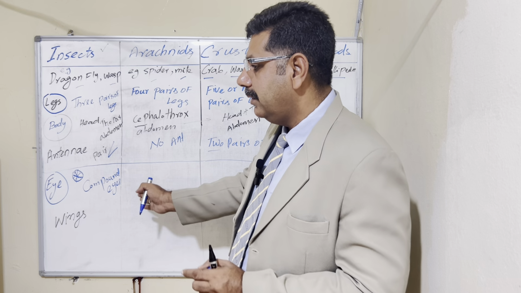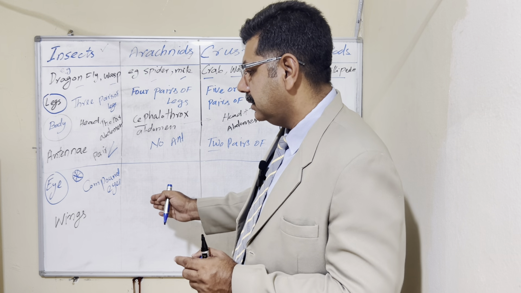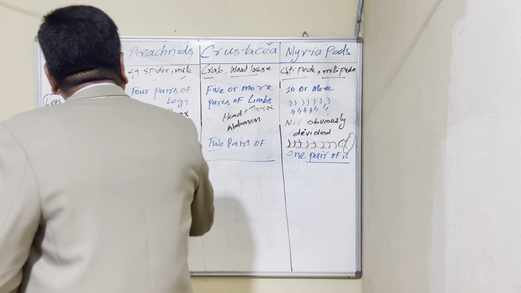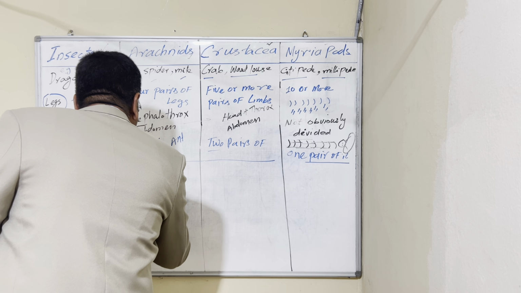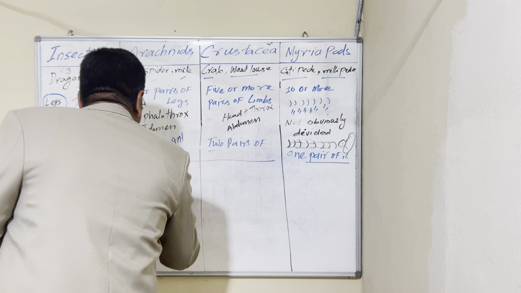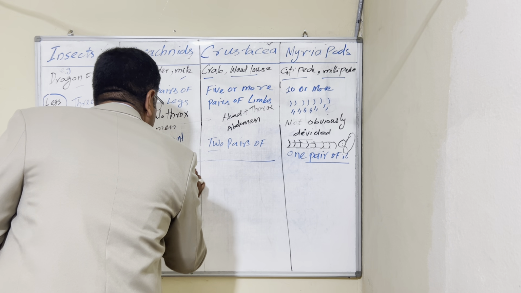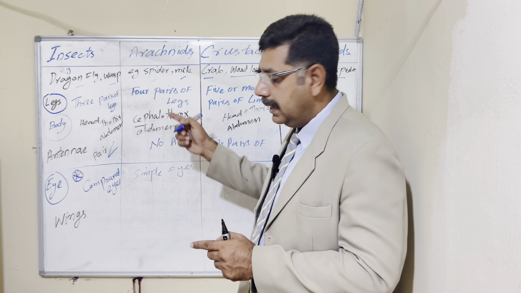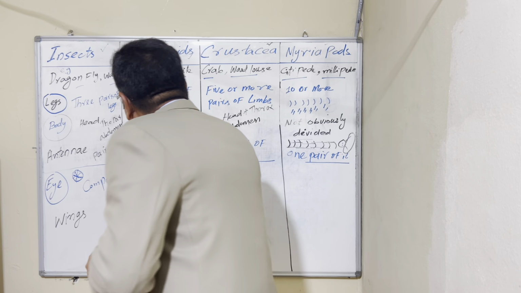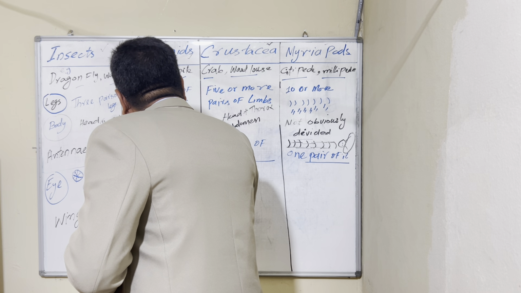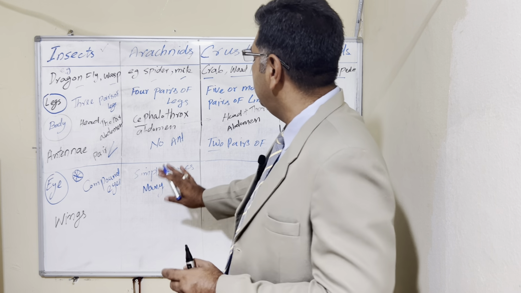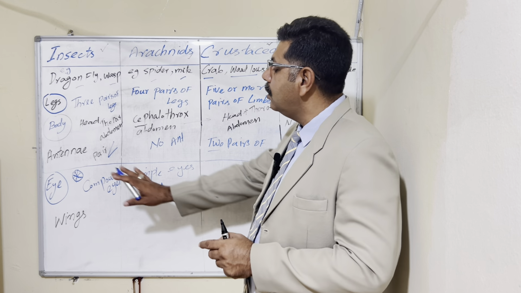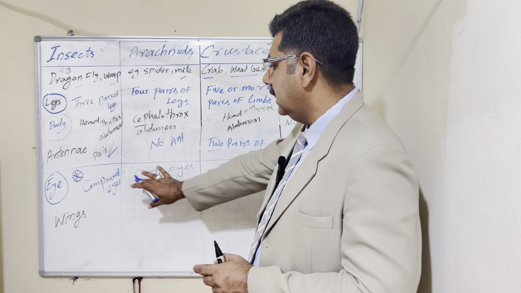That's why it is called compound. And here in arachnids, simple eyes, but many in number. There are many simple eyes, not compound eyes.